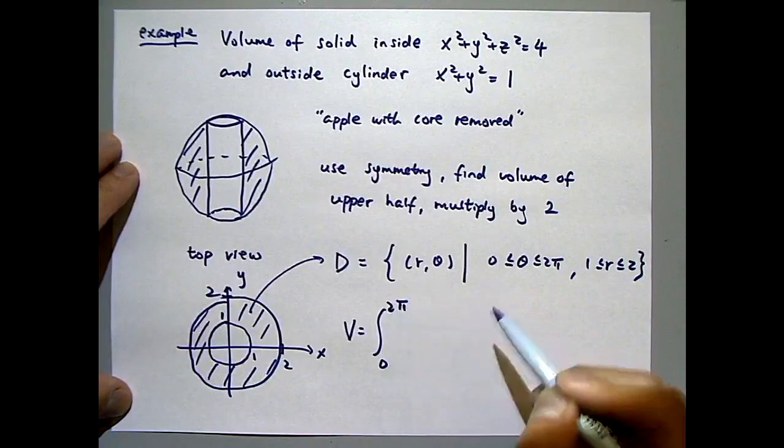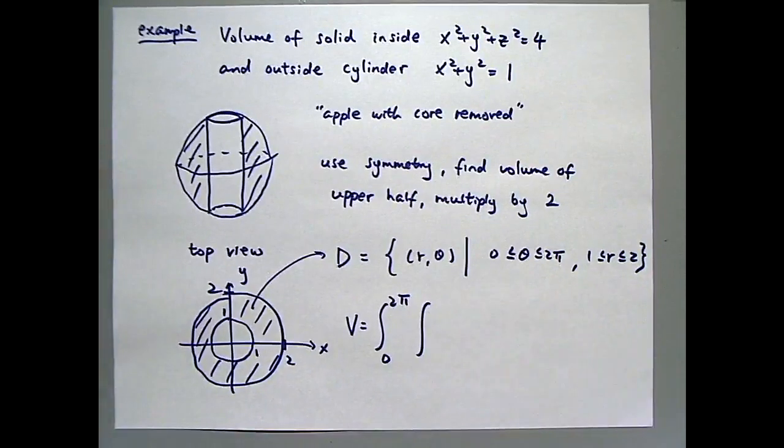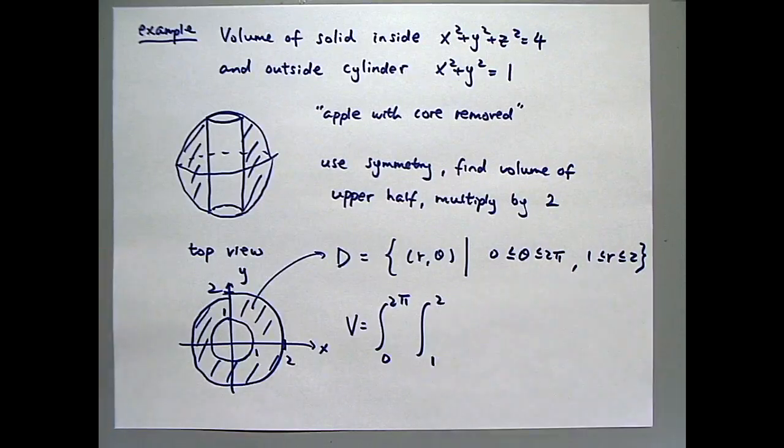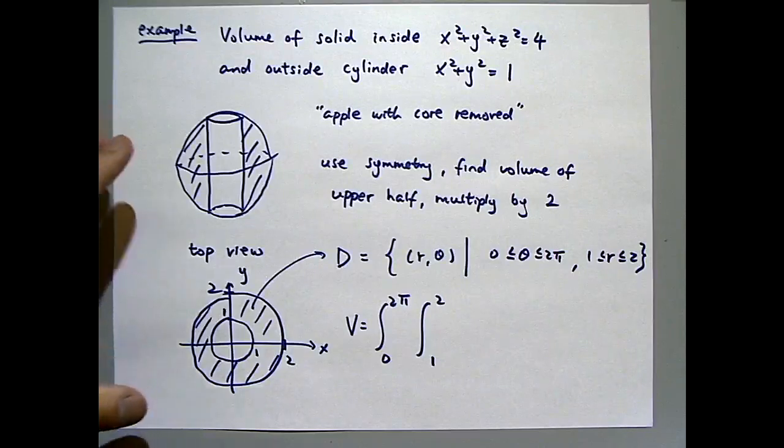Let's do theta last. If you don't know what order to go in, theta is always a very safe one to go last. There's a reason why dA is r d theta: more often than not, you integrate r first and theta last. In case of doubt, just go with theta last. It's easier to describe r as a function of theta than theta as a function of r.